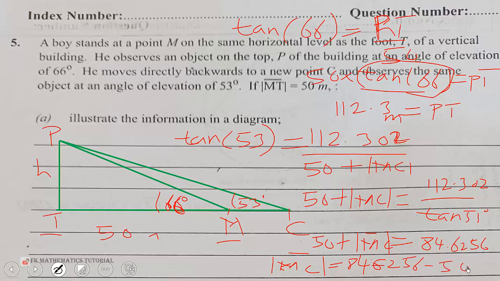That will give you 34.625, which is approximately 34.6 meters. So magnitude of MC is equal to 34.6 meters.